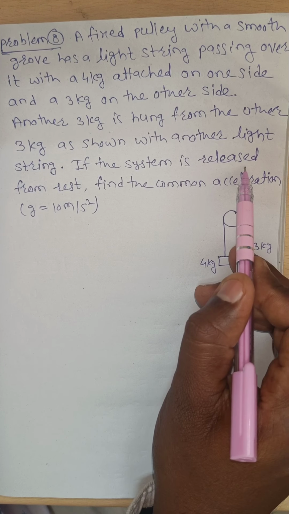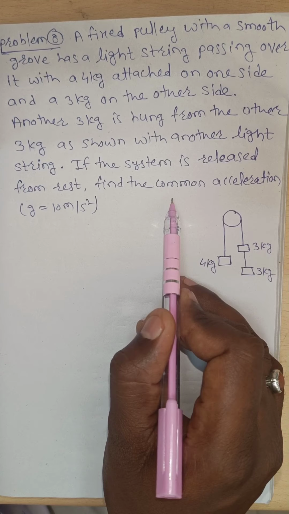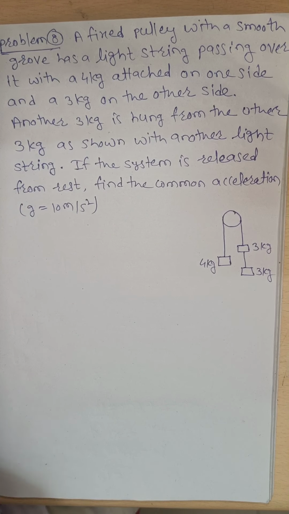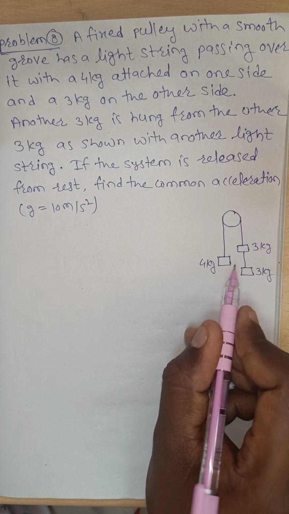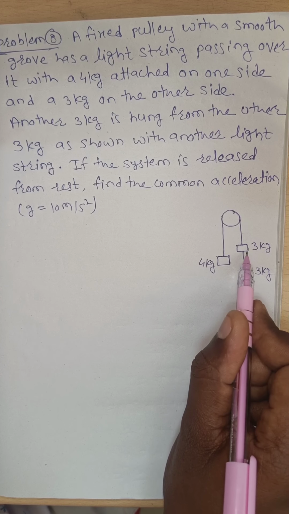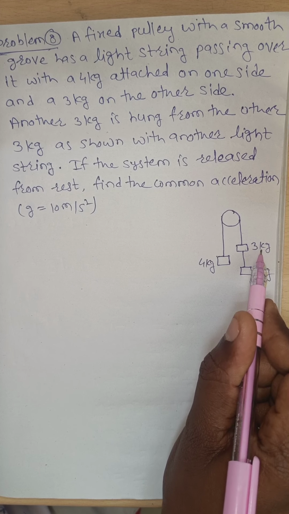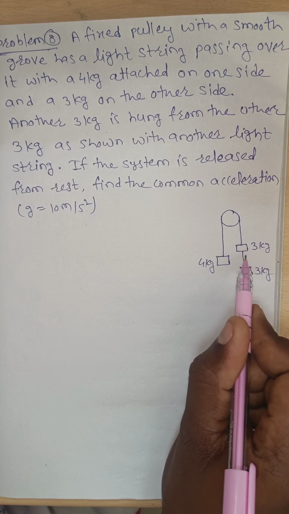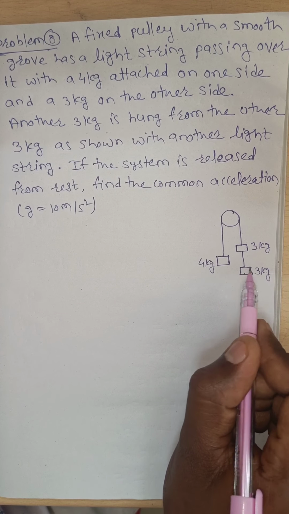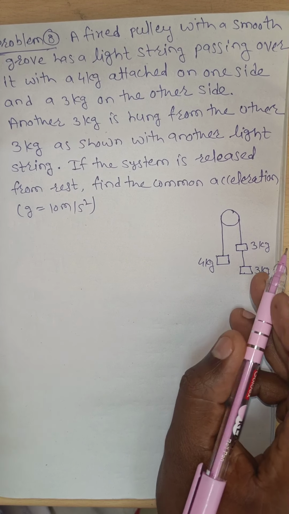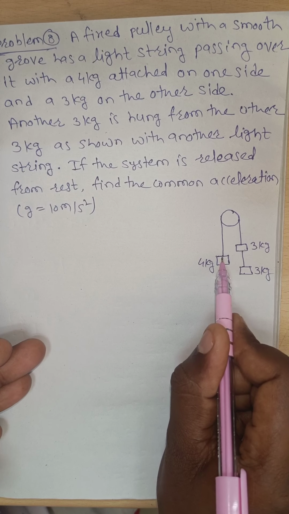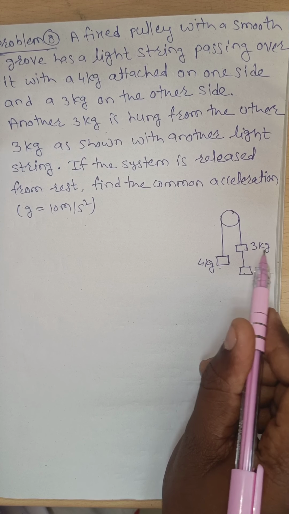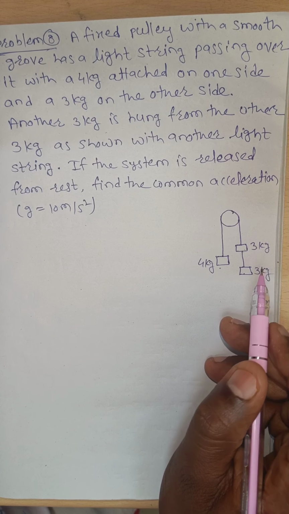If the system is released from rest, find the common acceleration. On one side 4 kg is attached, and on the other side 3 kg with another 3 kg attached, so in total on one side 4 kg mass and on the other side 6 kg mass.